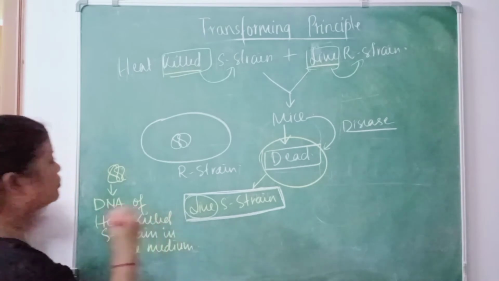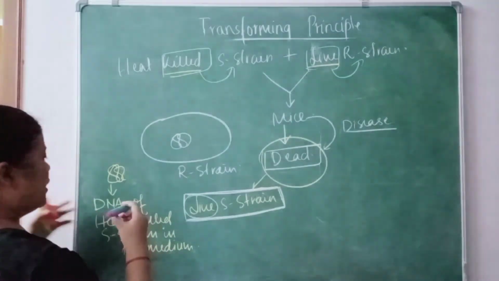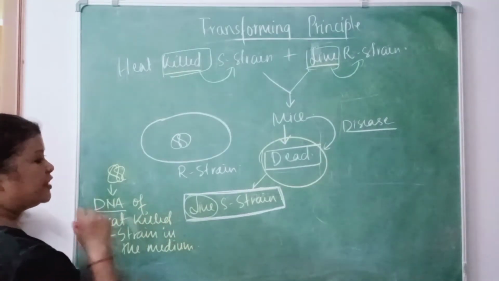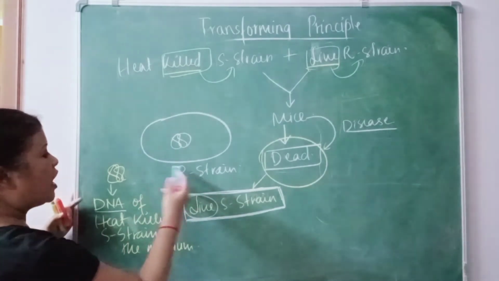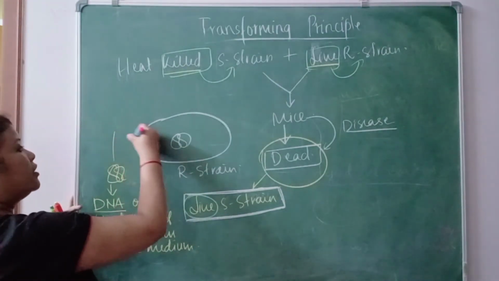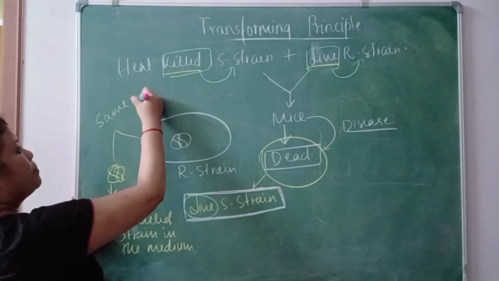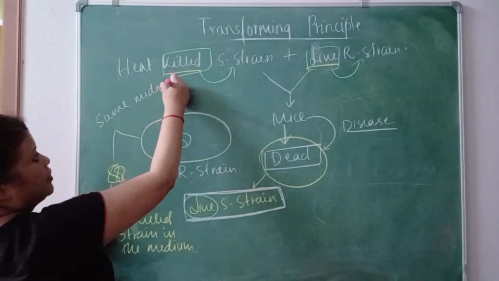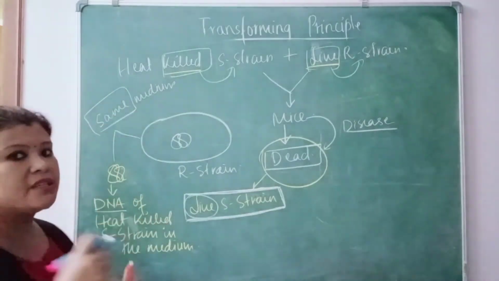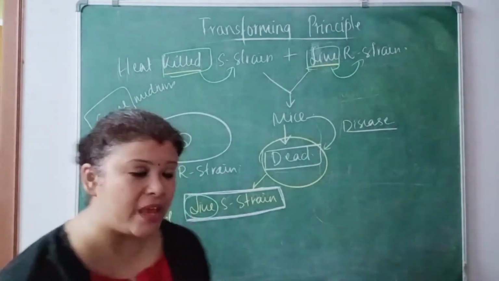So what happened? Now, the DNA of the heat-killed S strain and the R strain were brought together in the same medium. You have to understand, they were mixed together in the same medium.